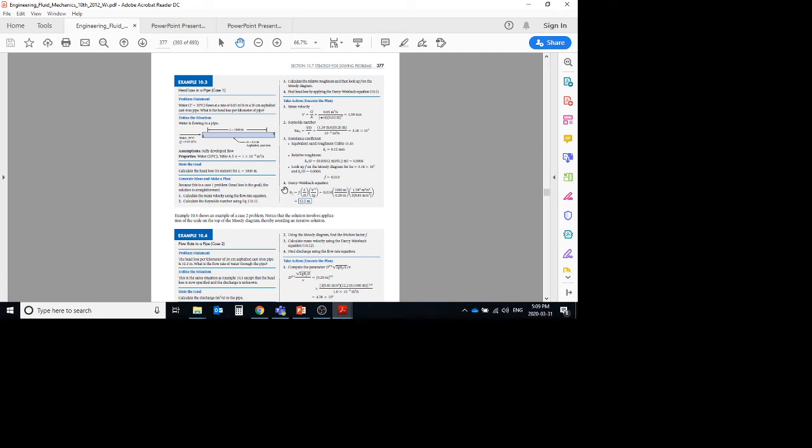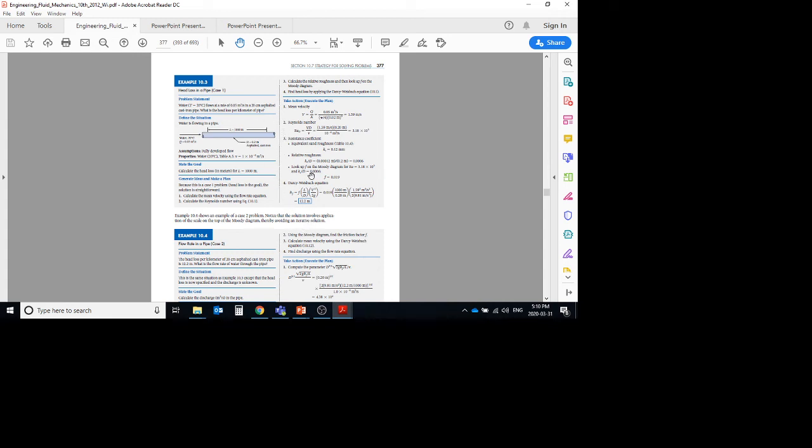So this head loss is the equivalent loss. What it says is, if the same diameter pipeline were extended by some additional length, then the pipeline would have the equivalent, the same loss as here.